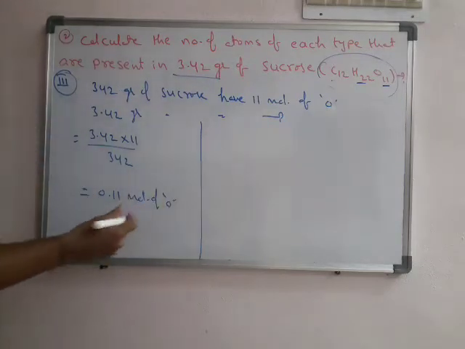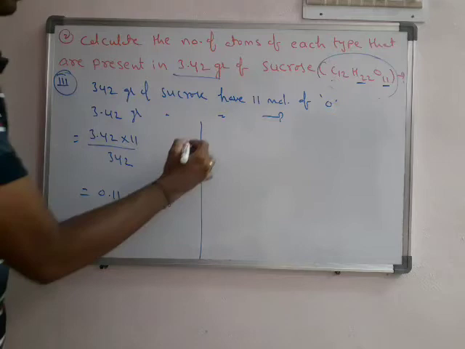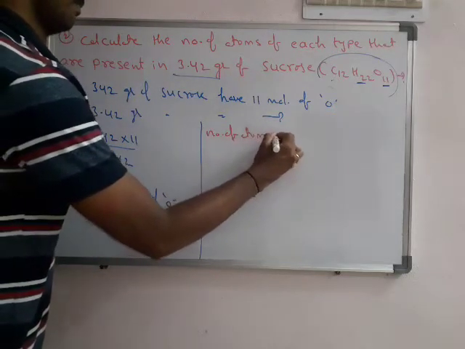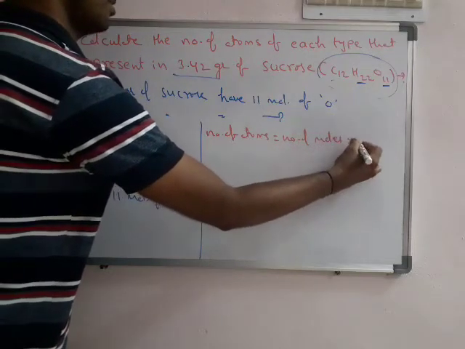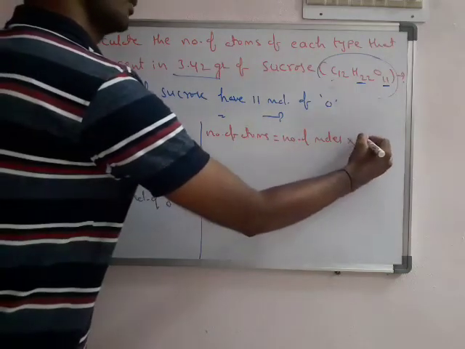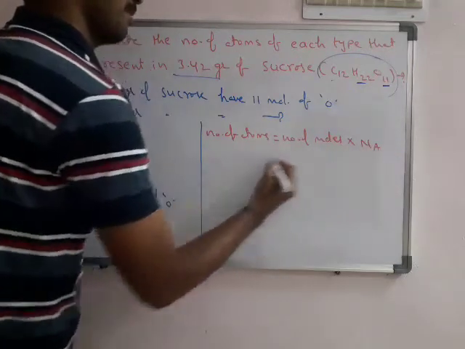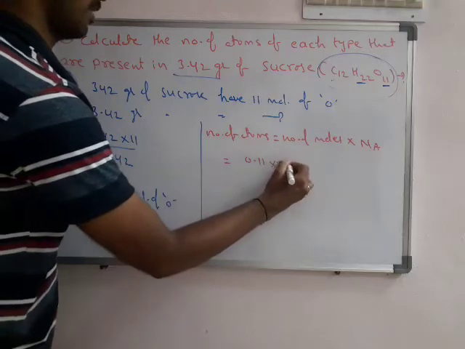So here we got the moles. So moles should convert into atoms. So number of atoms will convert to that. Number of atoms equals number of moles into Avogadro's number. And this number of moles, how many? 0.11, Avogadro number.